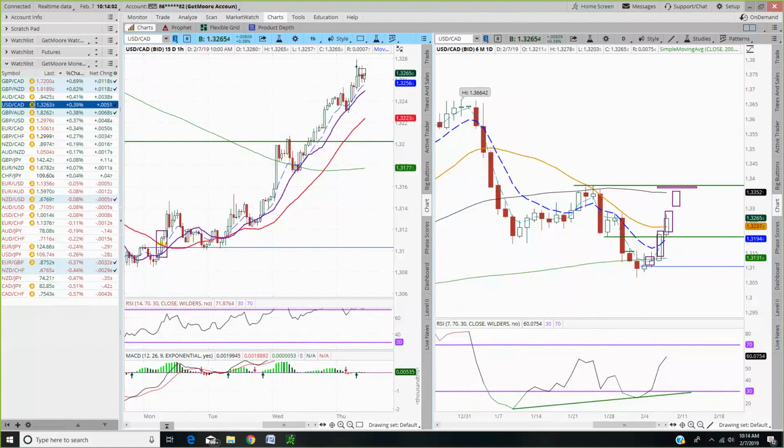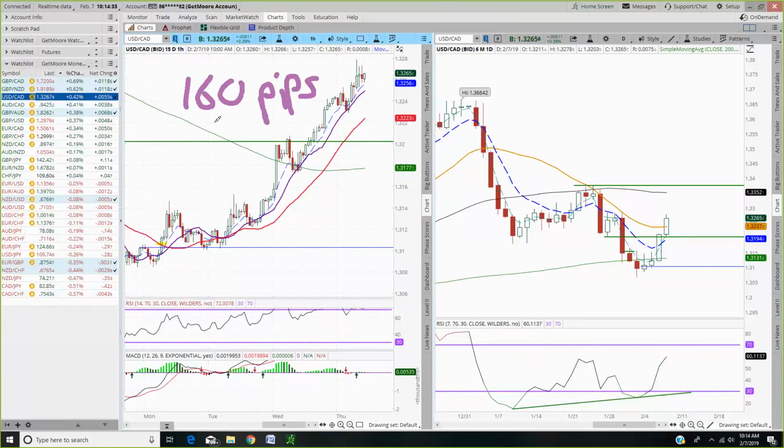Price is now up here, 1.3265. And I think I got in around 1.3105. I think it was a little bit less, but that's okay. That's 160 pips. How we doing? We're doing pretty good? 160 pips. If you would have done one full lot, I mean, what, over $1,500? But guess what? This move is not done.